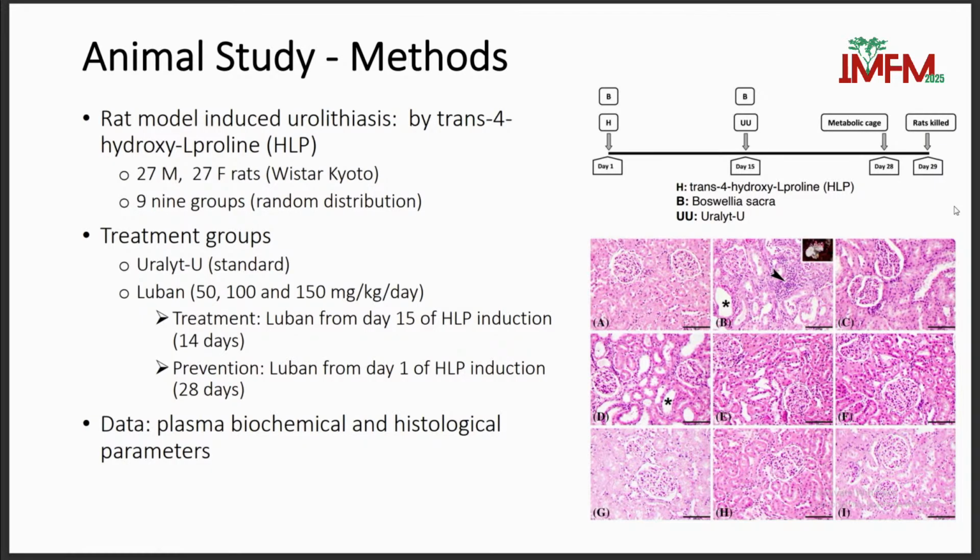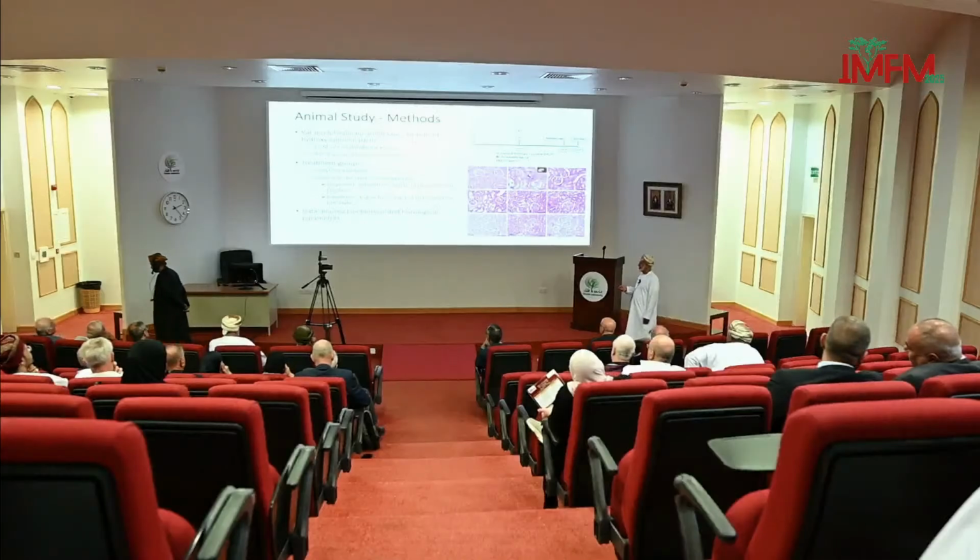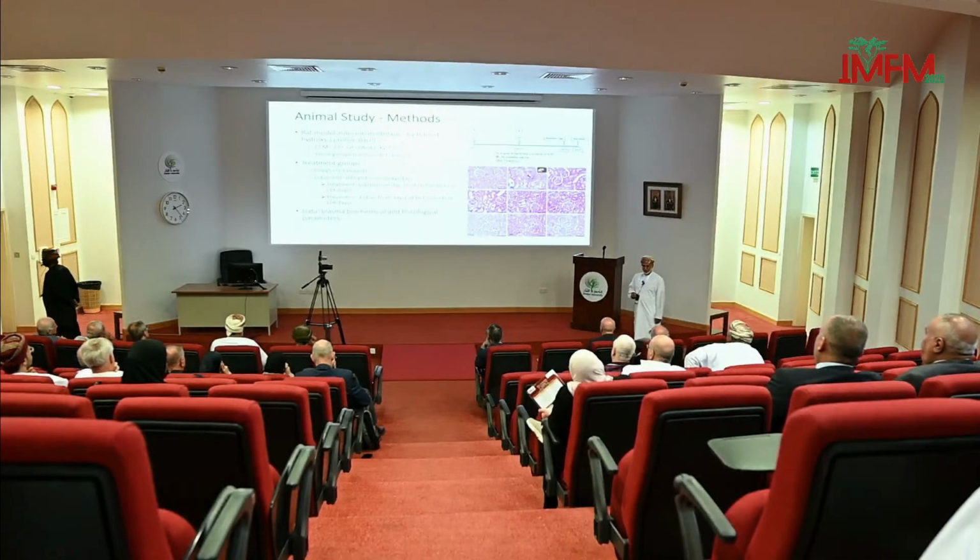I presented part of this animal study last year or 2 years back in this meeting. Just to remind you, we used a rat model of 27 males and 27 females of Wistar Kyoto rats, divided into 9 groups. We treated the rats with the standard treatment, Urolite U, as well as Luban treatment at different concentrations.